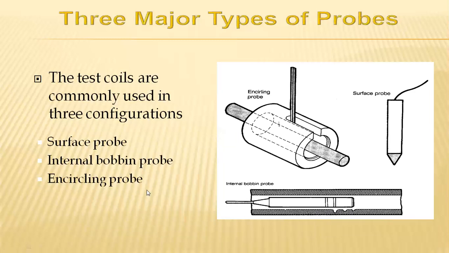The third one is the encircling probe. The encircling probe plays a major role in that it goes over another material or submerges around the internal material.